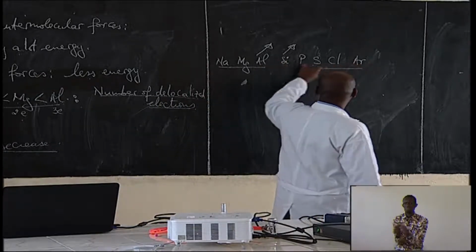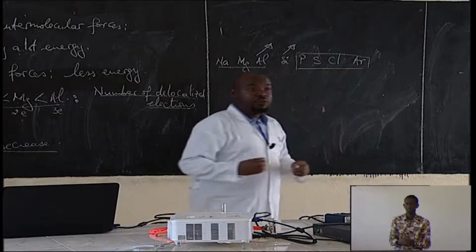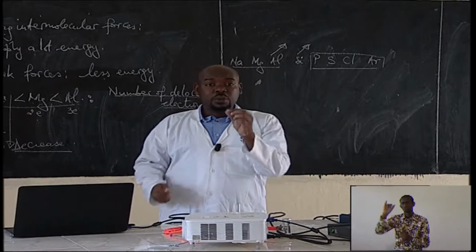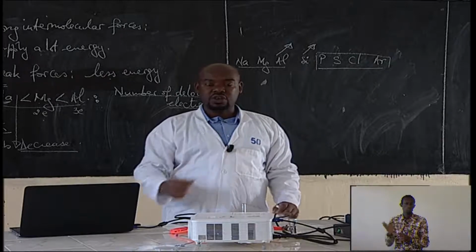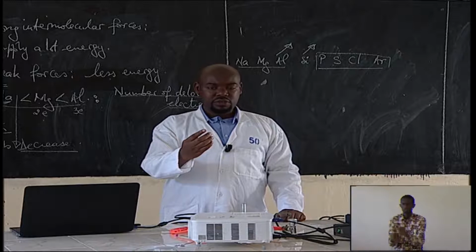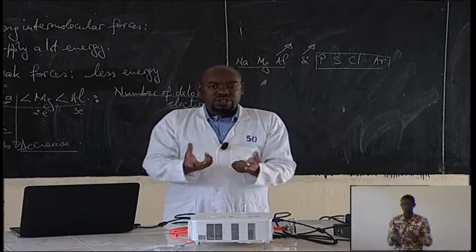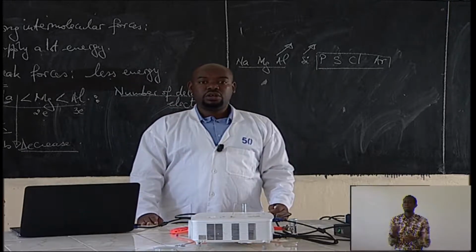So what happens when we go to this group? Here we have to consider the intermolecular forces, as I said. And the intermolecular forces, how do they vary with the size of a molecule? Do you remember how they vary? As the size increases, the van der Waals forces become stronger and stronger.